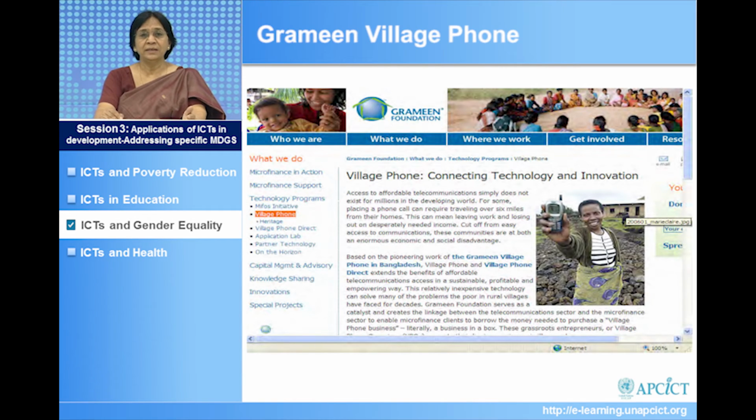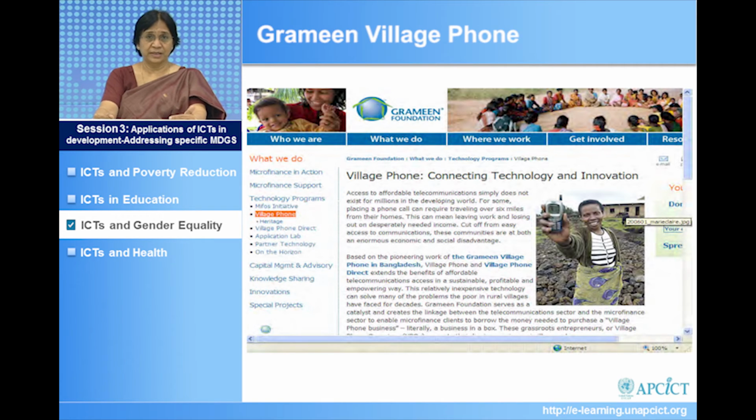And while 10 years into this effort, it remains to be seen as to how, with the advent of technology, this has changed. It is still a pioneering effort, and therefore I invite you to look up the Grameen Village Phone project to see how it has worked. The Grameen Phone has been emulated and copied in other countries.